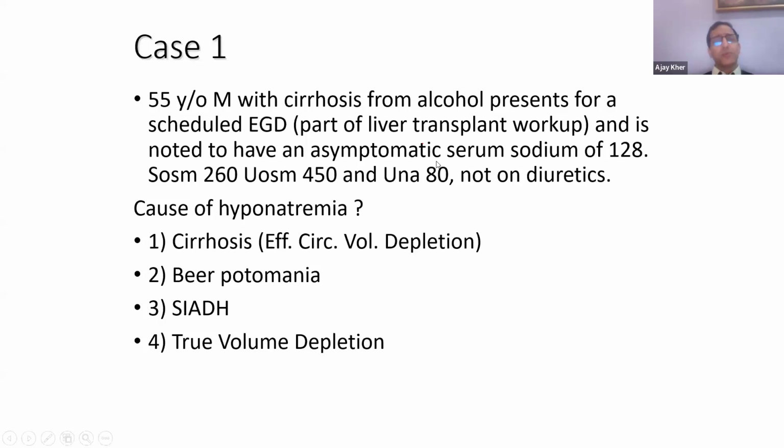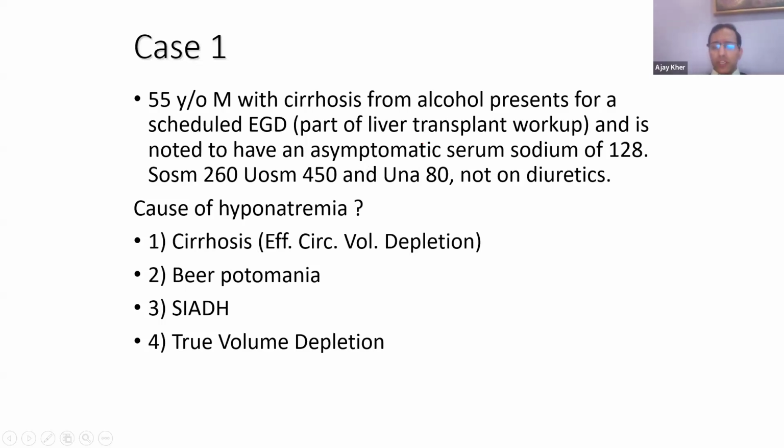He's noted to have an asymptomatic serum sodium of 128. The serum osm is 260, urine osm is 450, and the urine sodium is 80. And the patient is not on any diuretics at present. So what is the cause of hyponatremia? It could be cirrhosis, in which the mechanism is effective circulating volume depletion. You can have beer potomania, you can have SIADH, or you can have true volume depletion.